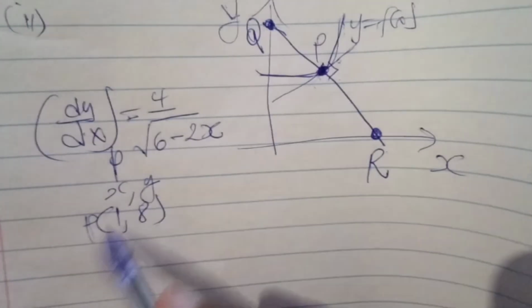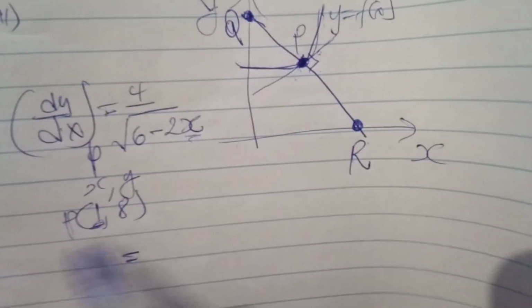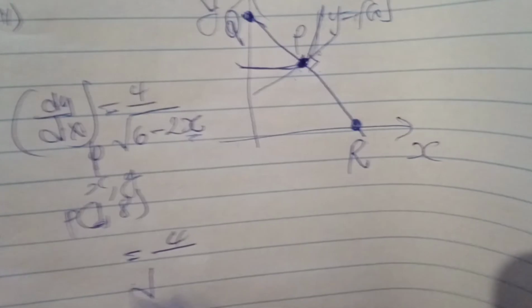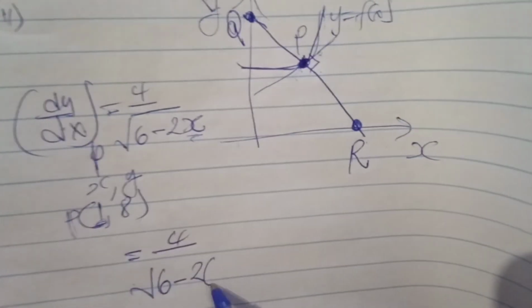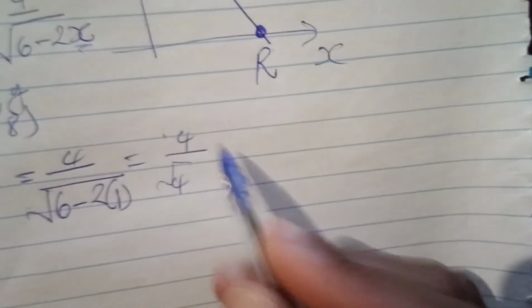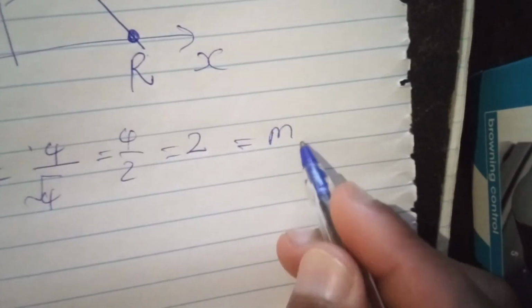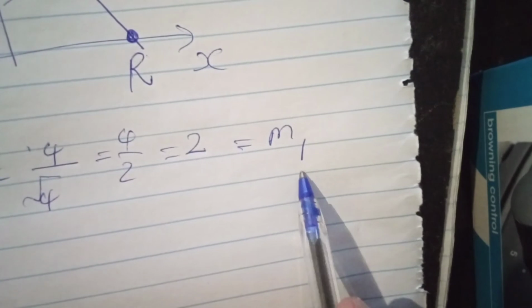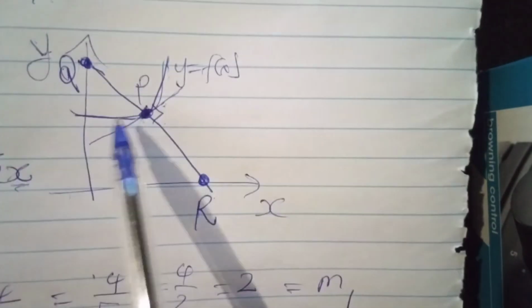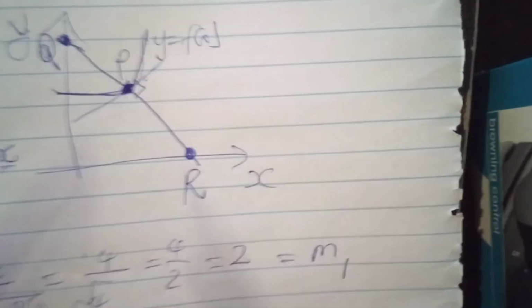So we substitute x here: 4 over the square root of 6 minus 2 times 1. This will be 6 minus 2, which is 4. So this will be 4 over 2, which is 2. Let's call this M1, the gradient of the tangent, or the slope at this point.